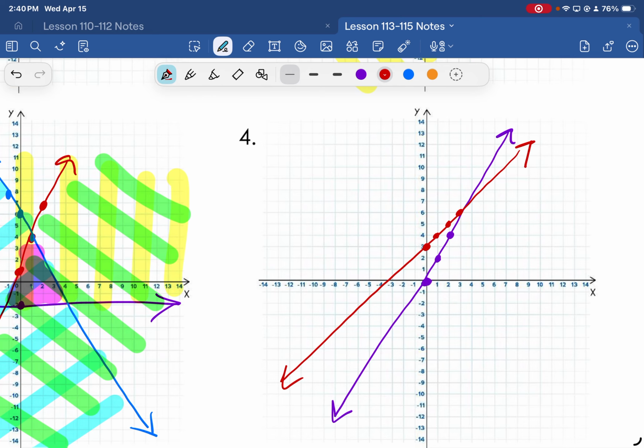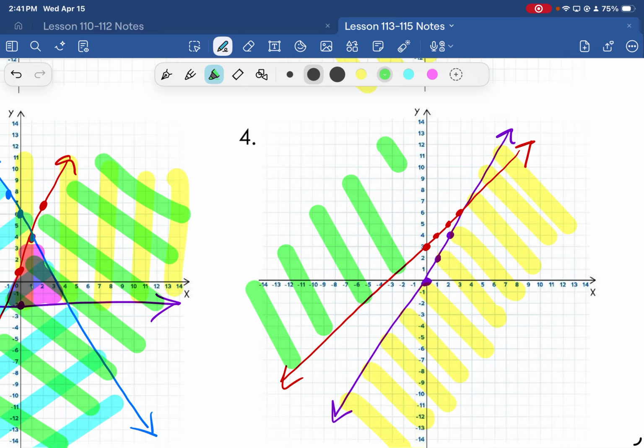All right. For the purple line, which is my first one, it says y is less than. So we're going to shade below the purple line. But for the other one, it says greater than. So I got to shade above my red line.